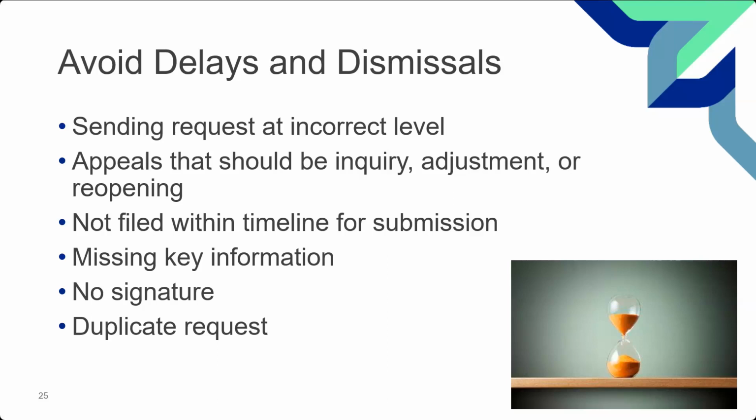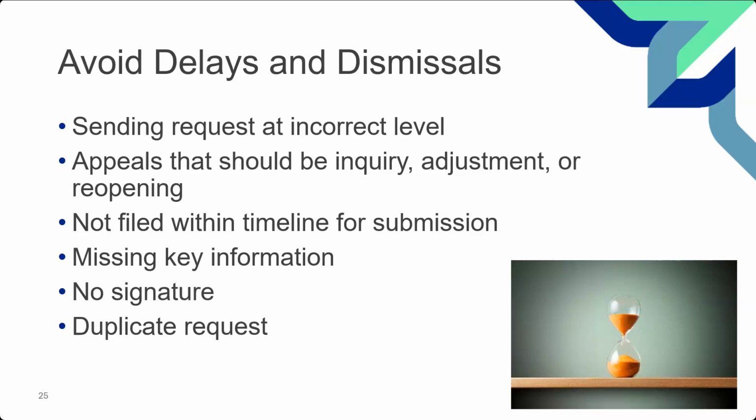If you miss that time frame and you can't prove just cause for late filing, your request may be dismissed. So it's not even getting to the point where someone's going to take another look at it because you didn't meet that criteria, or tell us why you couldn't meet that criteria.